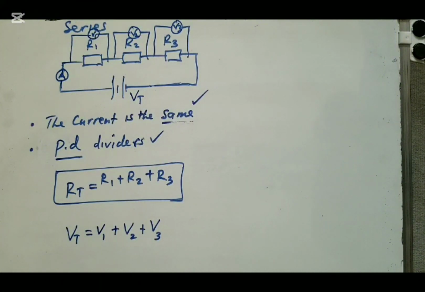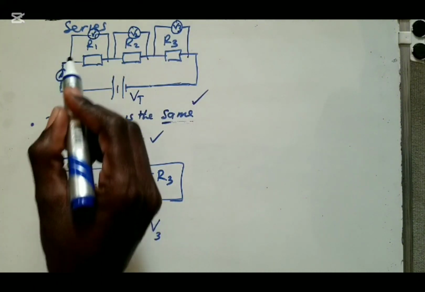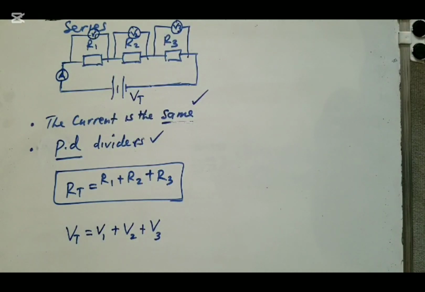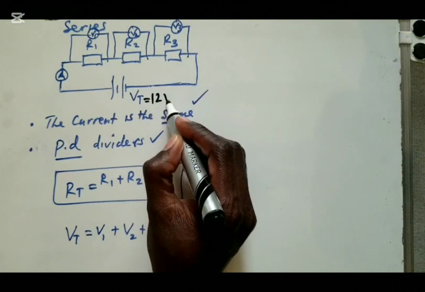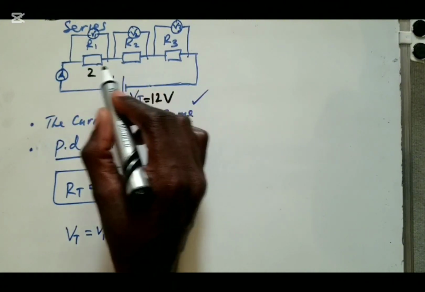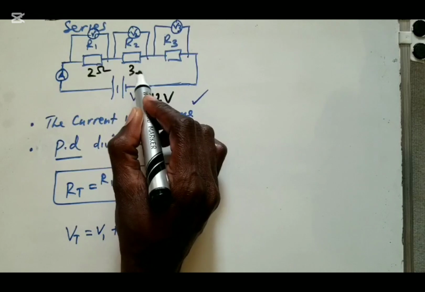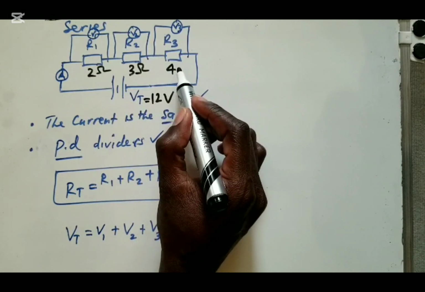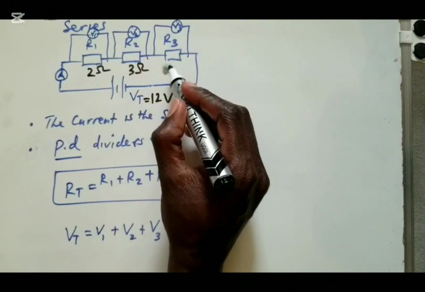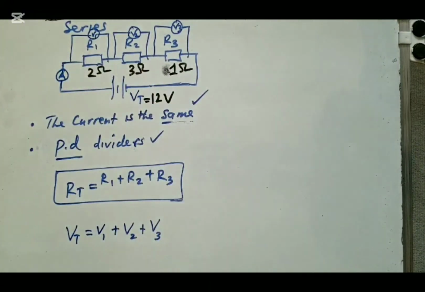Let me give you a quick example. Let's say the total voltage is 12 volts. Let me say R1 is 2 ohms, R2 is 3 ohms, and R3 is 1 ohm.